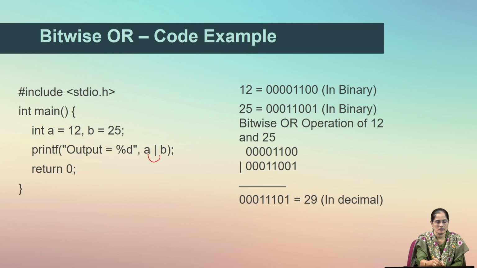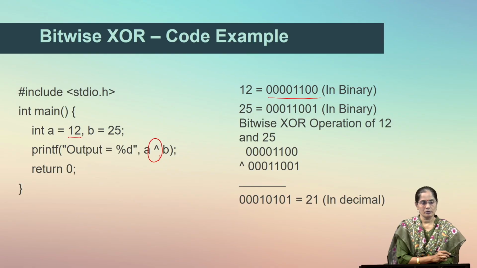Again, on applying this process as a code, we will take the same example. The only difference is that instead of AND, we will use the XOR operation. We will see the bitwise XOR operation applied through a program.